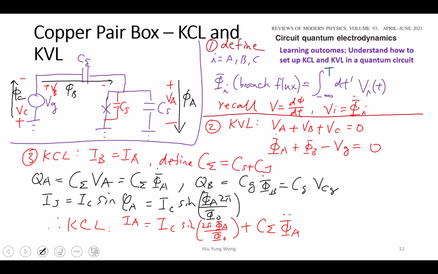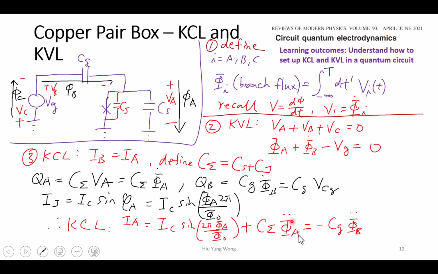Is that okay? And this IA must be equal to negative IB.